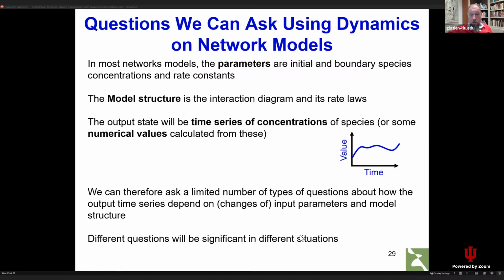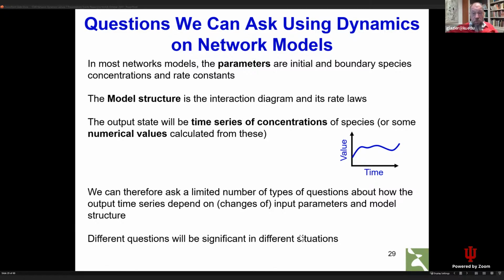The output of a model we're used to, the output of the model is going to be a time series of the concentrations of all of the species in the model, or something derived from that. Could be the long time values, the steady state values, if there are any, but it's a time series. And that means that there are a limited number of things we can ask.